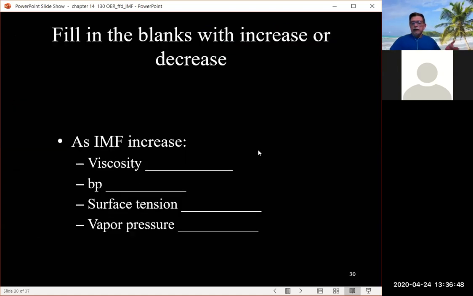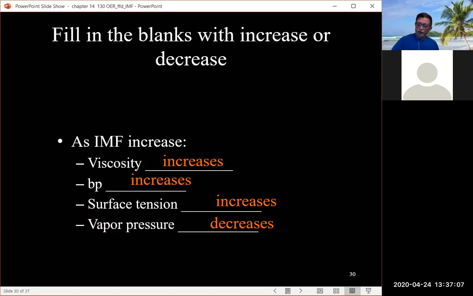So to summarize, as we increase the IMF, our viscosity increases, okay? Our boiling point increases. Our surface tension increases. And the only thing that decreases is the vapor pressure, simply because the intermolecular forces are strong.